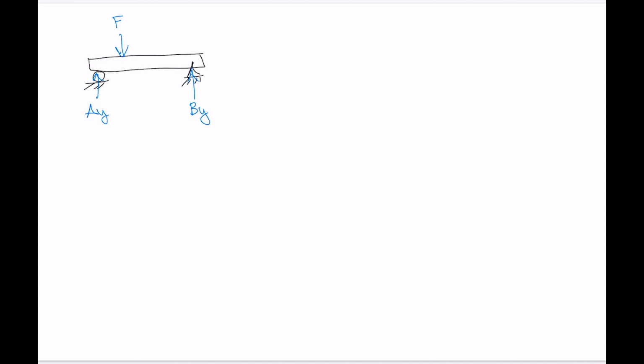And then if we were to take a section cut through the beam, let's just say right here, then looking at the right hand side here, we would have our force BY, and then to hold this in equilibrium, we need the sum of the forces in the x direction equals 0. So there's no forces in the x direction here. So our internal normal force here is 0, right?